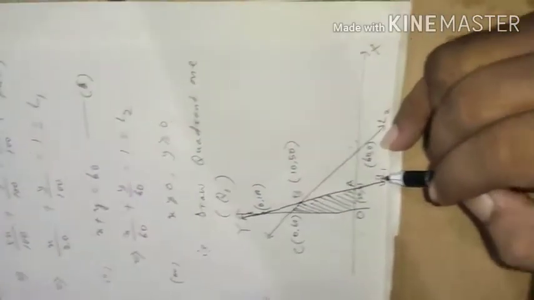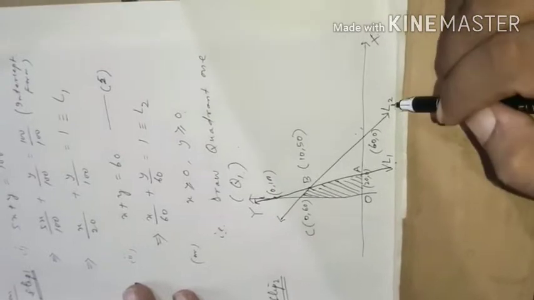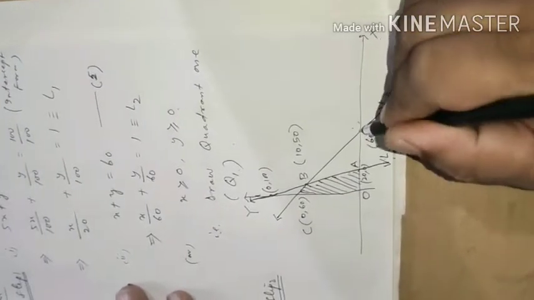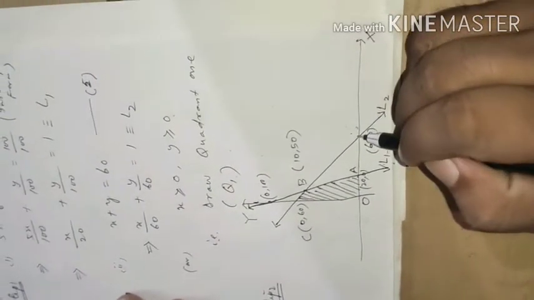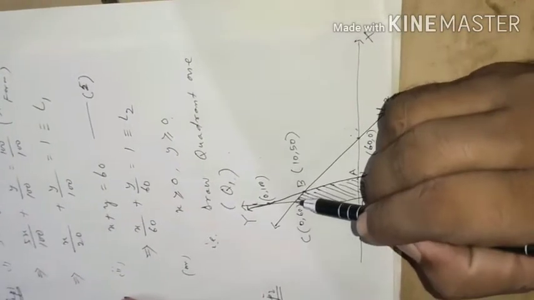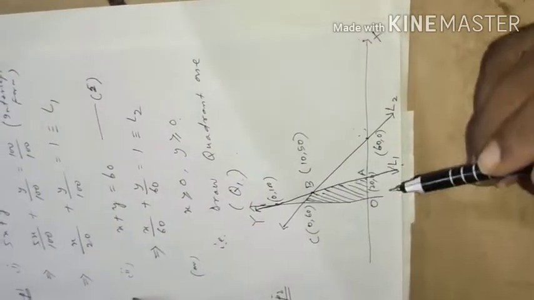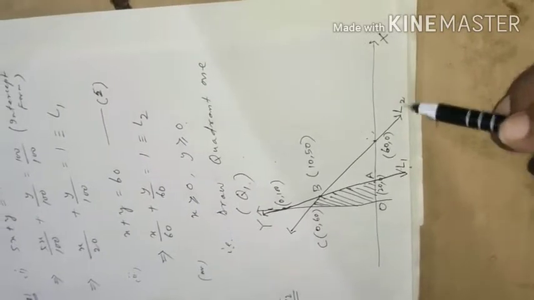So draw the line L1. Similarly for L2, the x intercept is (60, 0) and the y intercept is (0, 60). Draw the line L2 and intersect it.